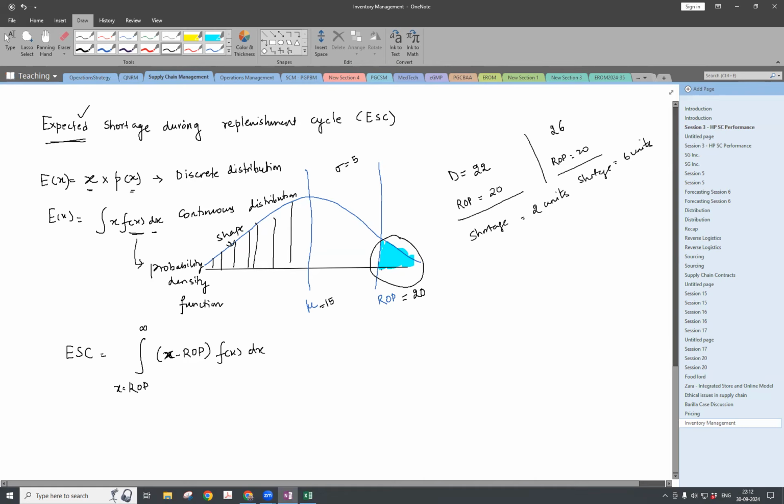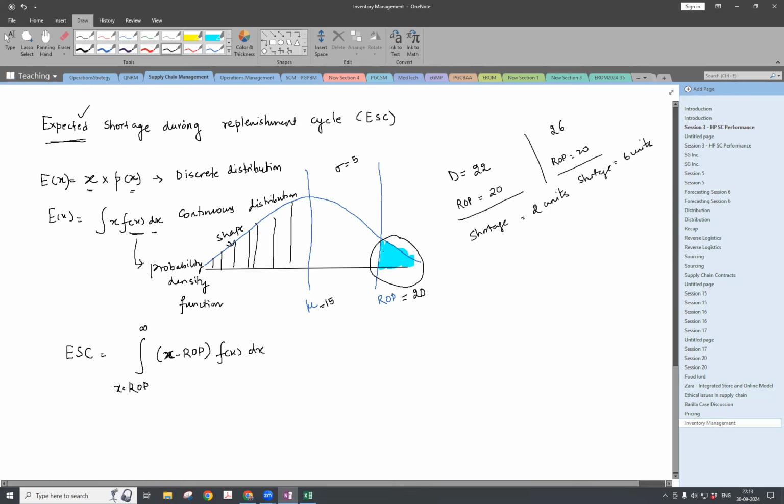An expected shortage will only happen when your demand is more than the reorder point. If your demand is more than the reorder point, the amount of shortage that you're going to have is x minus ROP, right? What is the shortage when your demand is ROP? It is ROP minus ROP, which is 0. So if your demand is 20 and ROP is 20, your shortage is 0.